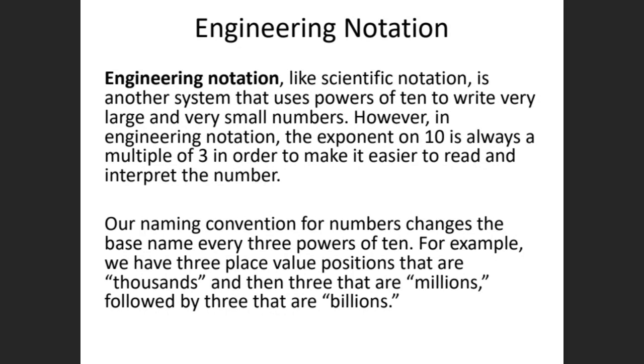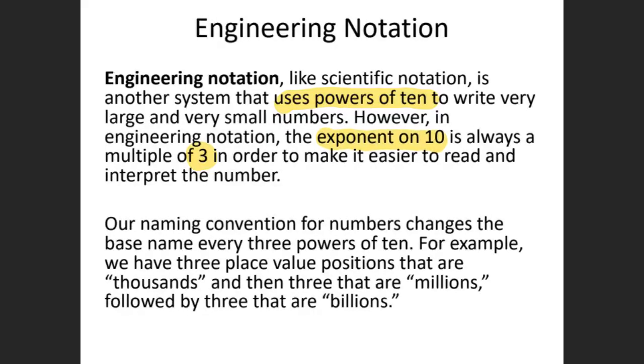And there must be one digit to the left of the decimal, and that's for the number in front of the x, 10. Well, here, the engineering notation uses powers of 10, nothing different than what scientific notation does. However, the exponent on the 10 is always a multiple of 3 in order to make it easier to read. Now, that may not make sense to you, but I'm going to show you.